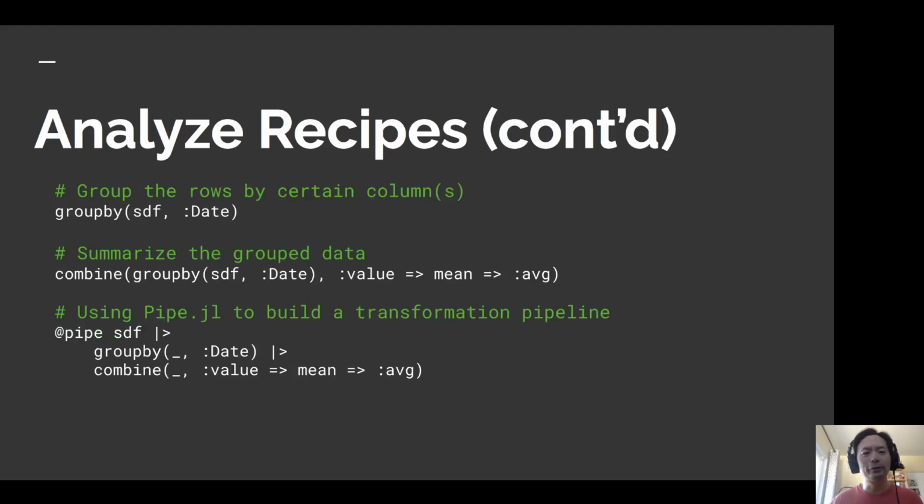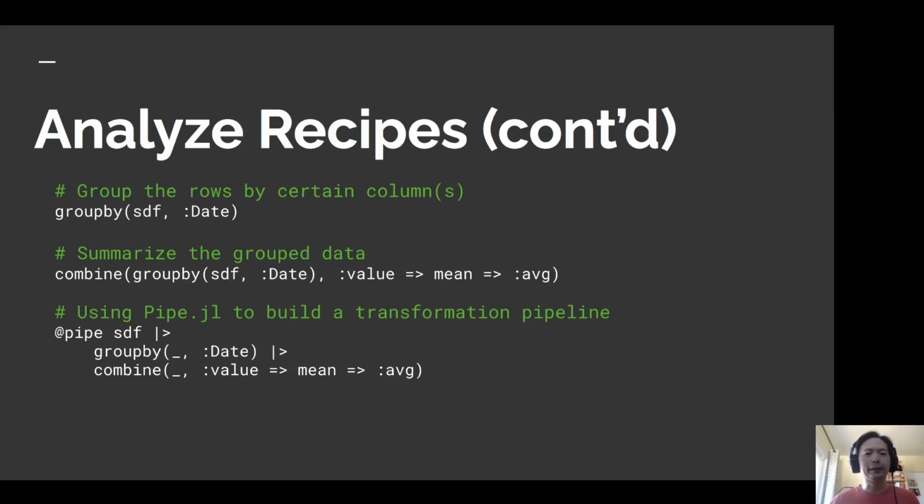Another thing that you would most likely like to do is to be able to group your data and do some analysis on it, right? So what happens if I want to group all my data in my data frame by date, and then for each date, I will find, for example, in this case, the mean of the column value?